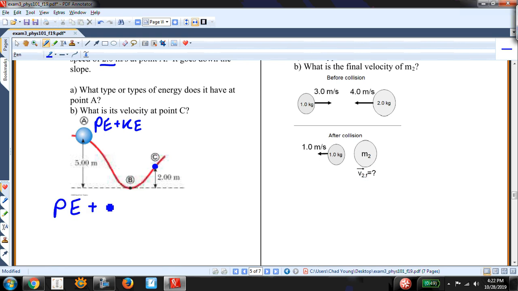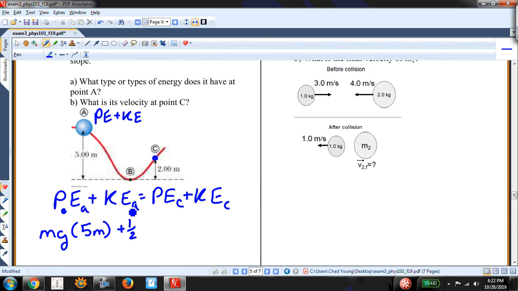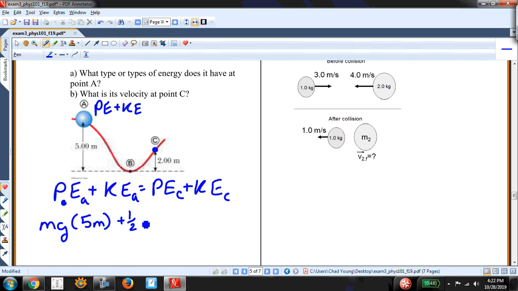So I'm going to set up my conservation of energy like this, where this is at point A, and this is at point C. That's going to be mg times 5 meters, that's the height at point A, plus 1/2 m of 2 meters per second squared, equals mg times 2 meters plus 1/2 mv squared.